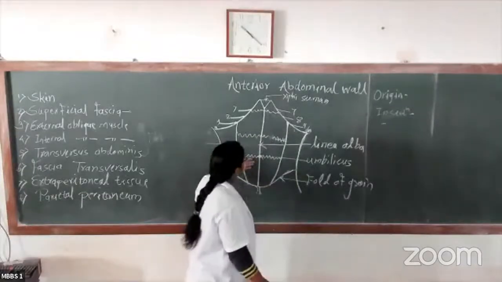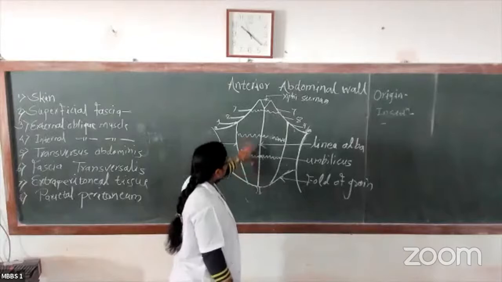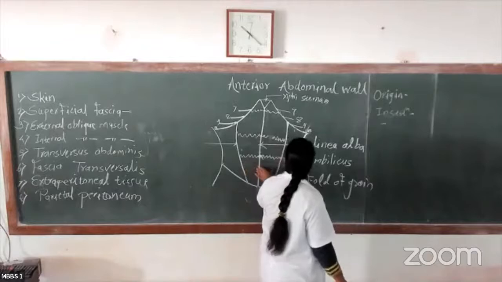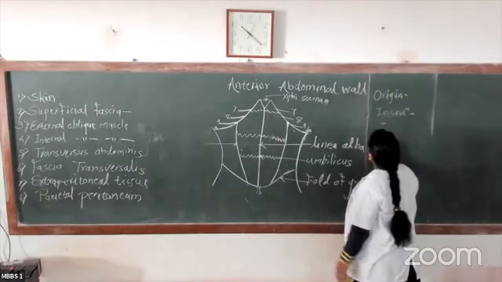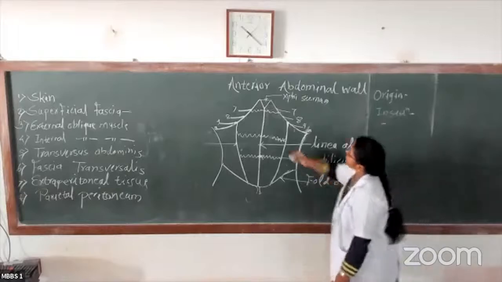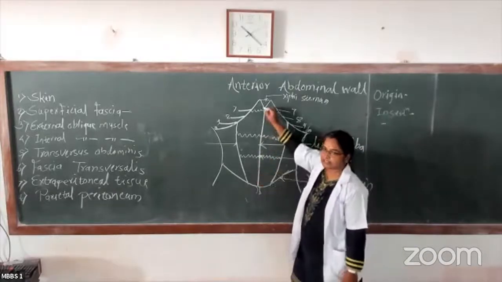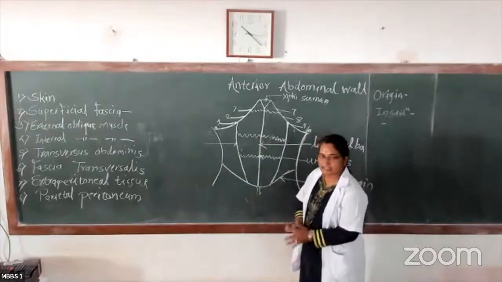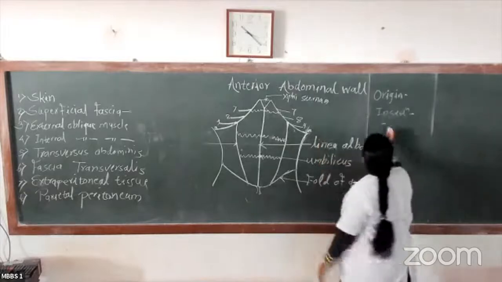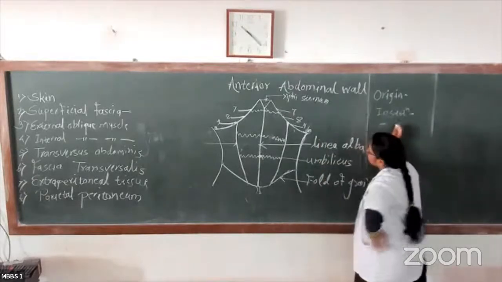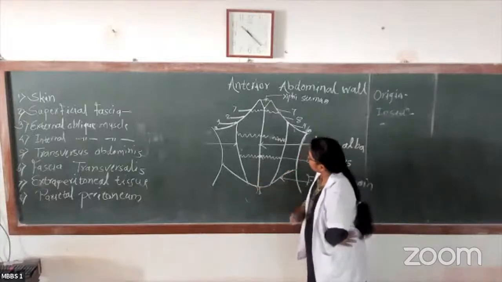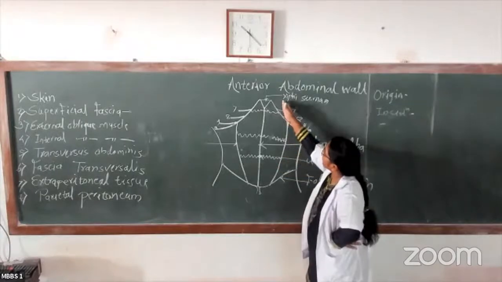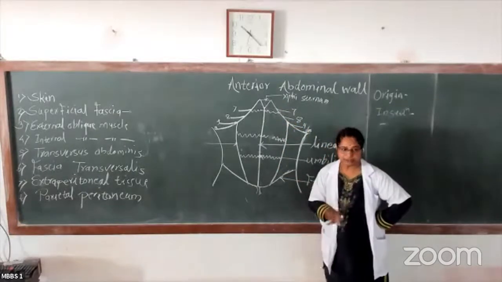They cover the rectus abdominis muscle, and also interdigitate with the aponeurosis of the opposite side in the linea alba, which extends from the xiphoid process above to the pubic symphysis below. This muscle becomes aponeurotic approximately at the level of the mid-clavicular line.